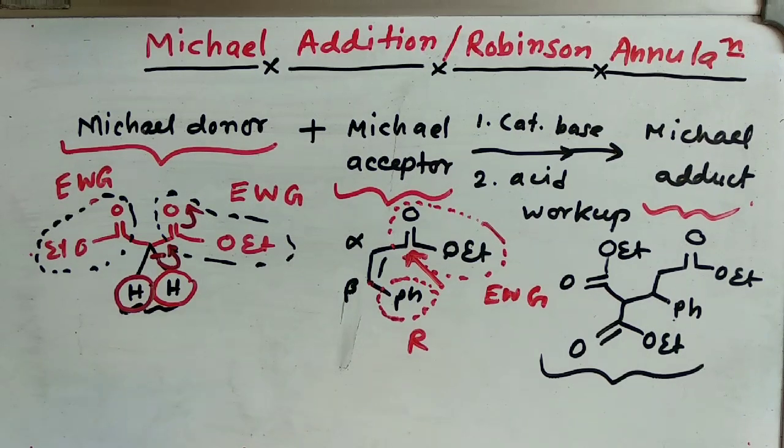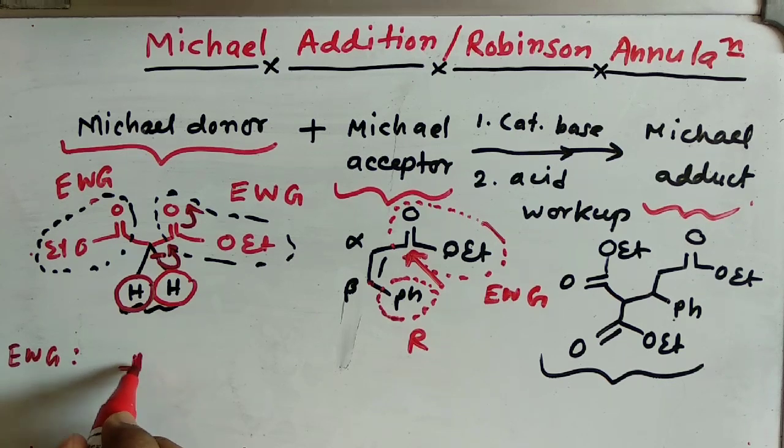So it's the R group, and it's the electron withdrawing group. One question that may come to your mind is whether only this one can be the electron withdrawing group. Actually, no. Instead of this, if other groups are present, a different kind of electron withdrawing group can be present.